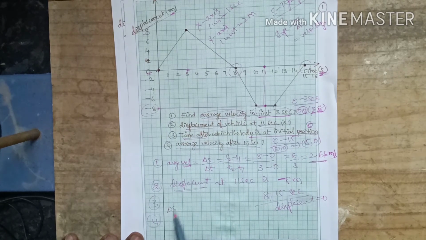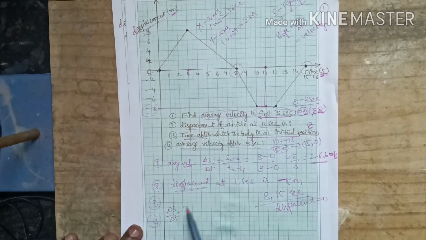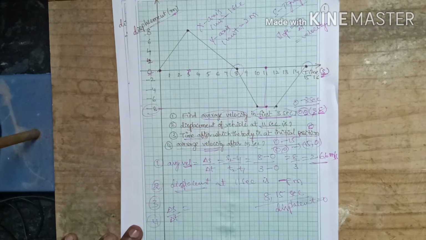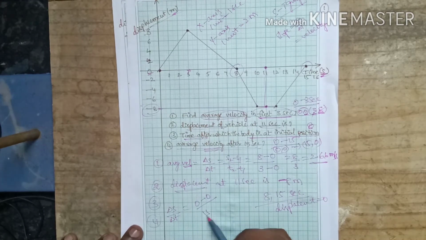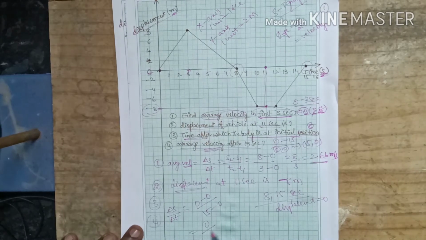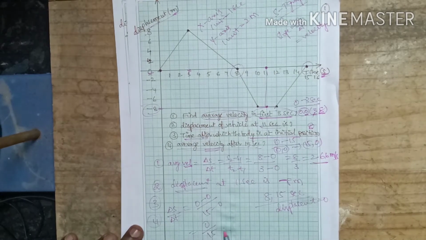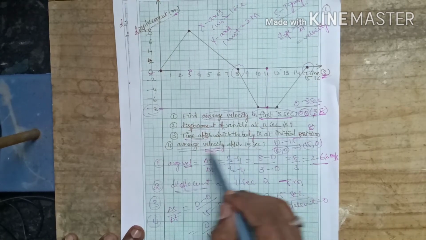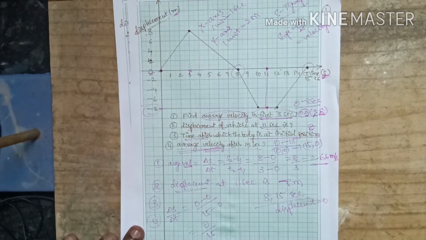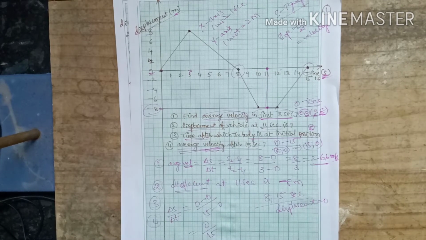Now by taking the slope, delta s by delta t, because they asked for average velocity, that is 0 minus 0 by 15 minus 0, that is 0 by 15, which is 0. Means the average velocity is 0. Average velocity is 0 means there is no net displacement, so the body has come back to its starting point.